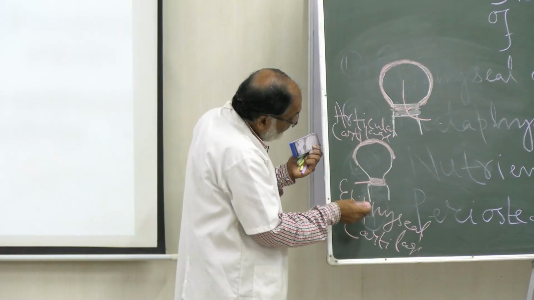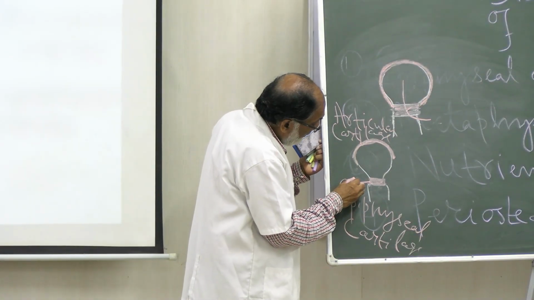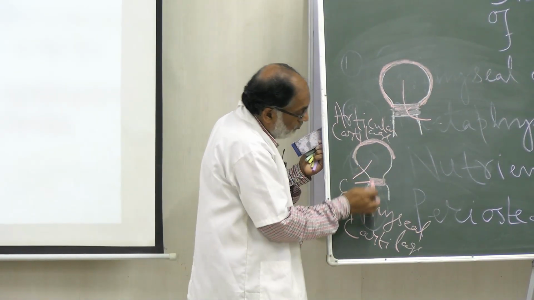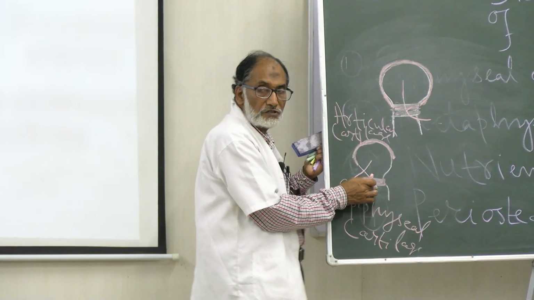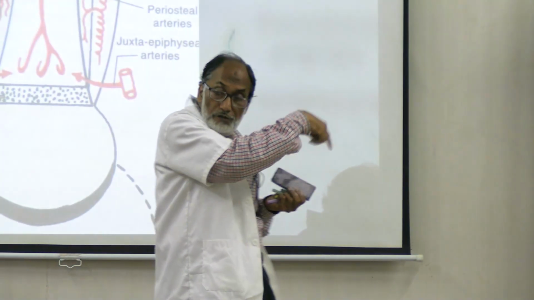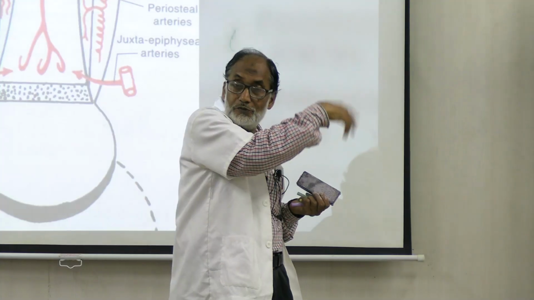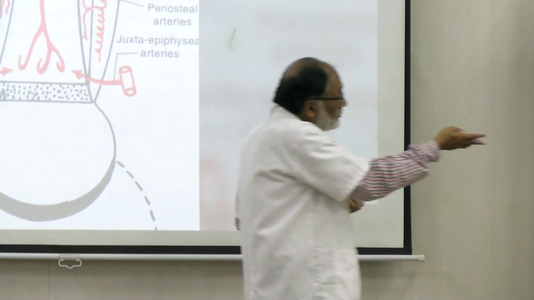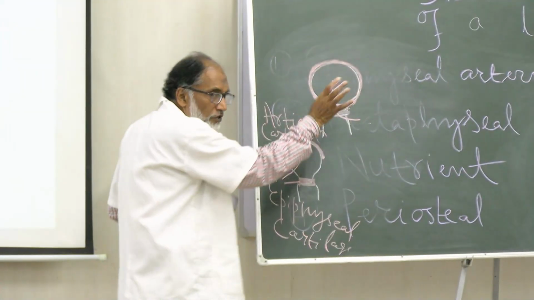Here you see the epiphyseal artery is passing like this, not through the epiphyseal cartilage. So out of these, which one is dangerous?